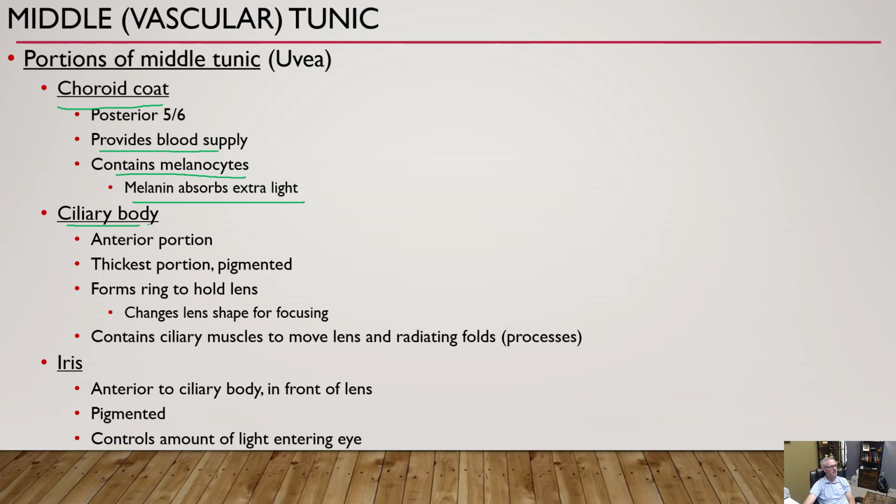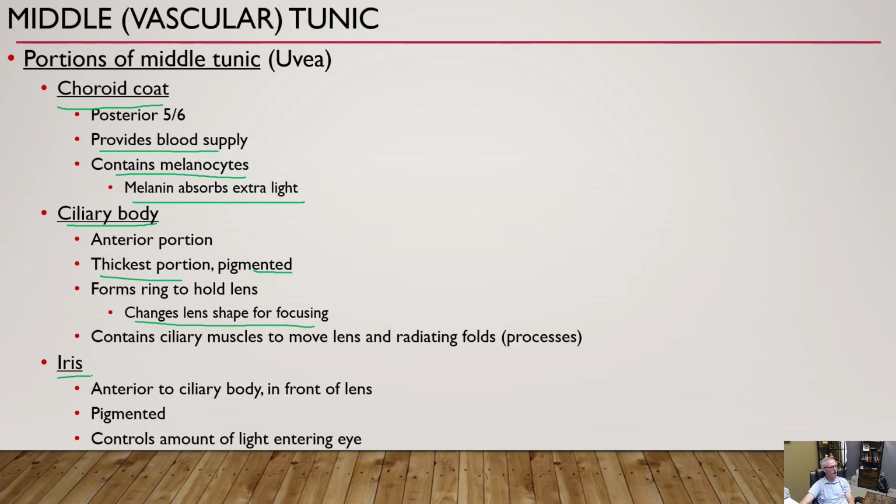We have these things called ciliary bodies, which are very thick and pigmented. It also changes the lens for refocusing. That lens is what's going to alter those light rays coming into your eye to help focus the light into the back of your eye.